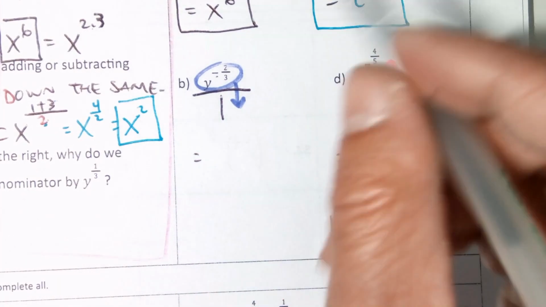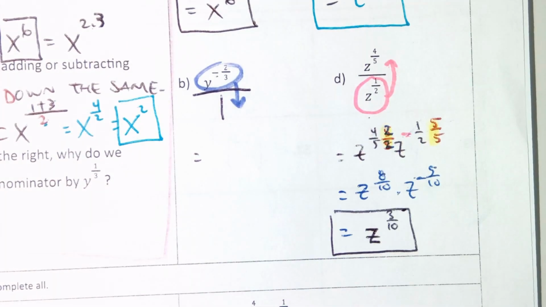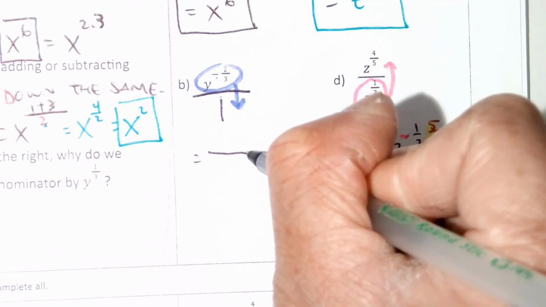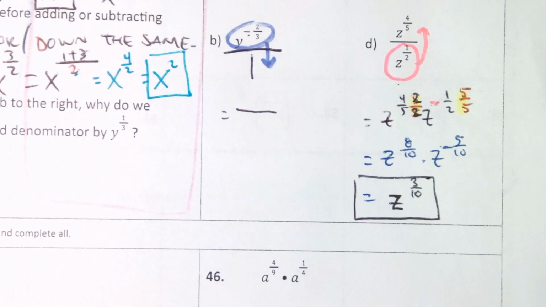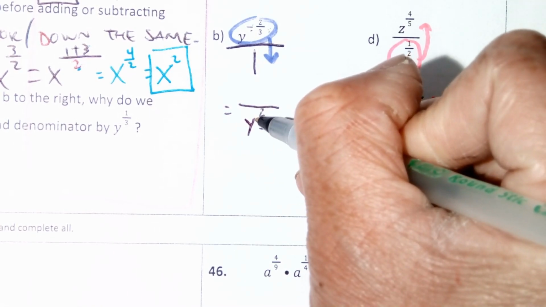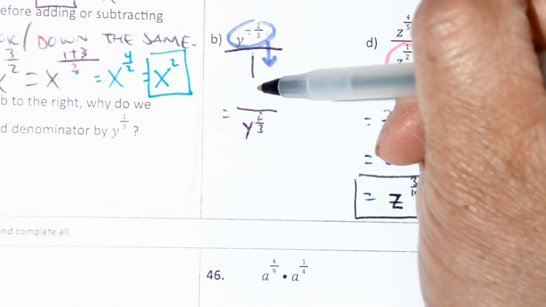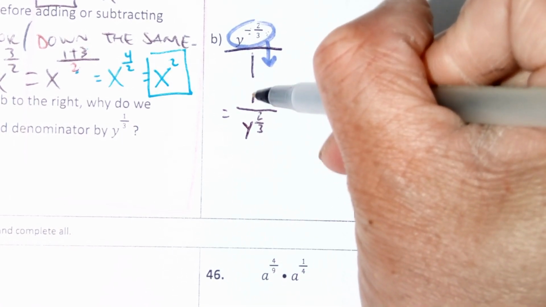But when you go downstairs here, you're going to eventually take off the negative. Okay, so here a fraction line separates the upstairs and downstairs. And so now I have y to the 2/3. It's not switching them, but there is a 1 left.